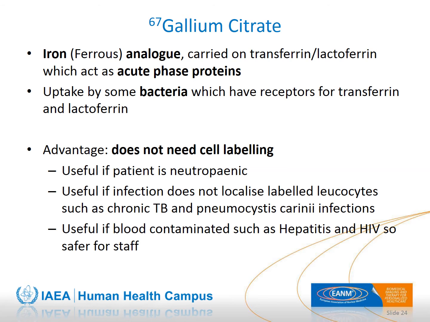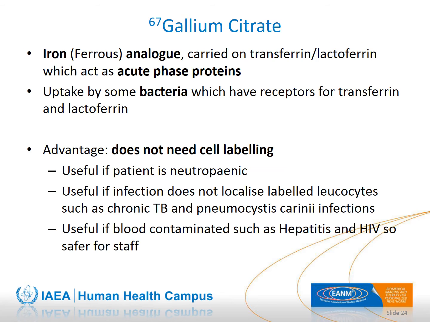The iron or the gallium bound to these proteins is hence carried to the areas which can then be imaged. An alternate theory is that some bacteria have receptors for transferrin and lactoferrin, and hence also carry gallium citrate to these areas where they cause infection.